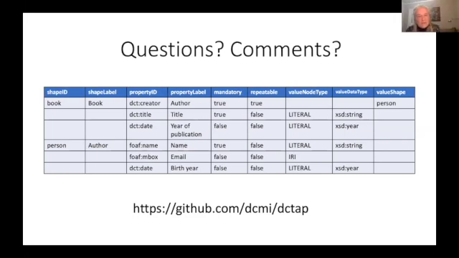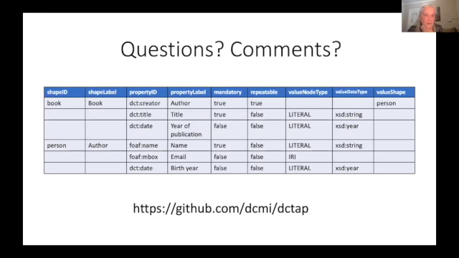For those people who are familiar with XML and XML schema, you would see these as being nested in XML, whereas in RDF, they are connected by nodes. So you have the book node that connects to the person node.